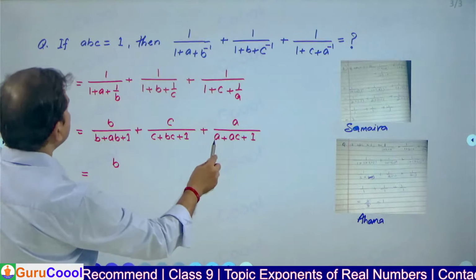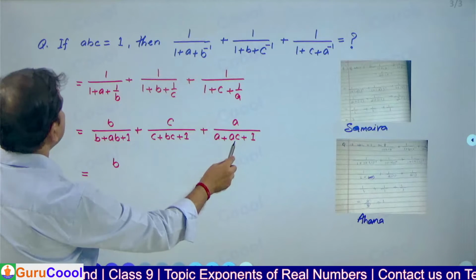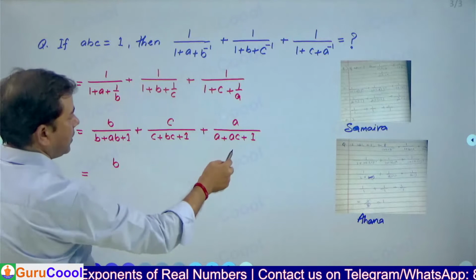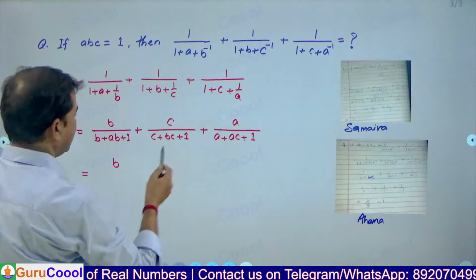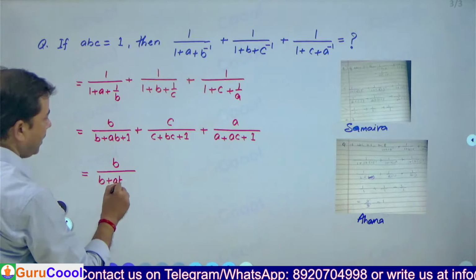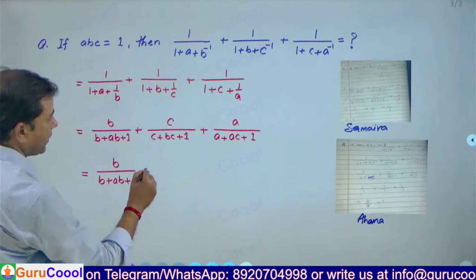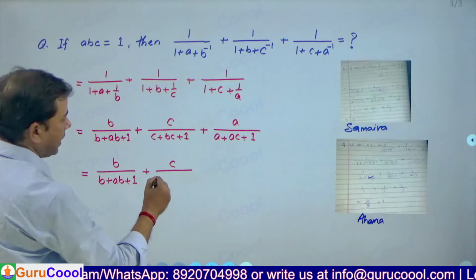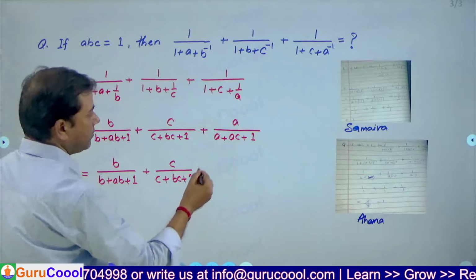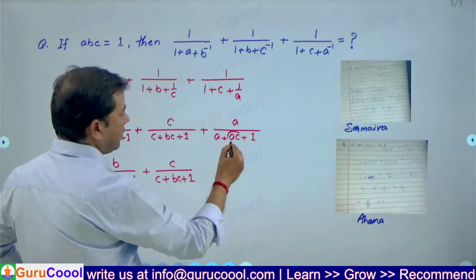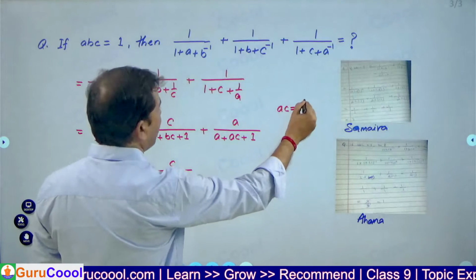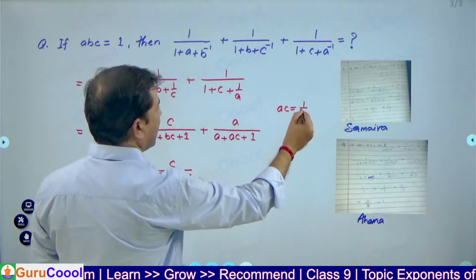1 plus a plus ac is equal to 1 by b. b divided by b plus ab plus 1, plus c divided by c plus bc plus 1. In the third one, in place of ac, I can write 1 by b, right?